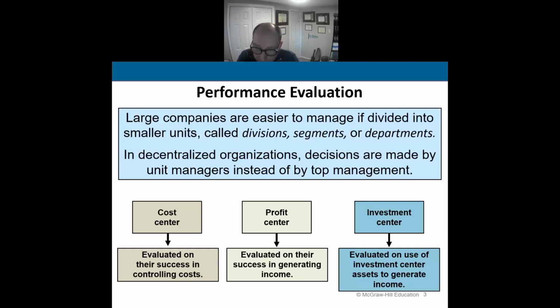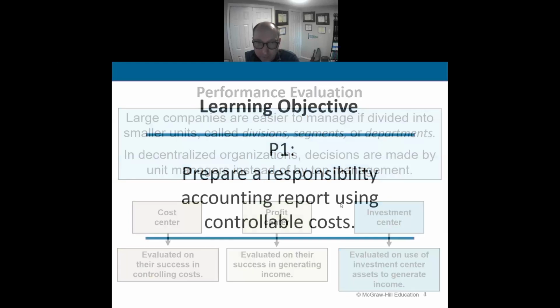Yeah, so we think property, plant, and equipment. Those are fixed assets. They help us to generate income. Pretty much anything involved with property, plant, and equipment, those would fall under investment center. Excellent questions.